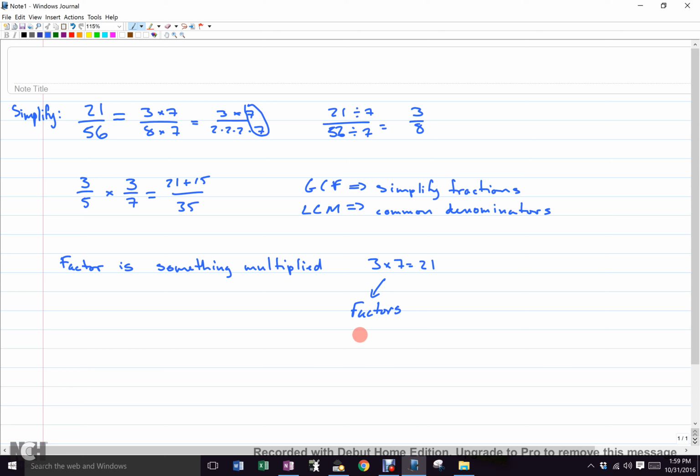The numbers, the integers, 3 and 7, are factors of 21. Are there other factors of 21? Yes. What are the other factors of 21? 1 and 21. 1 and 21 are factors of 21. Are there any other factors? Not integers, right? Not whole numbers. Yeah? Everybody cool? Everyone remembers this, right?